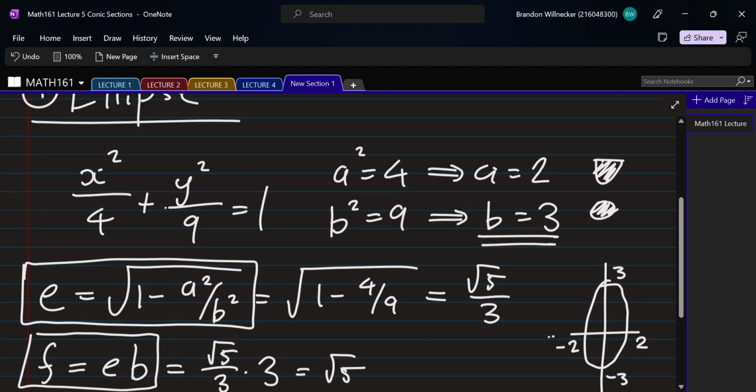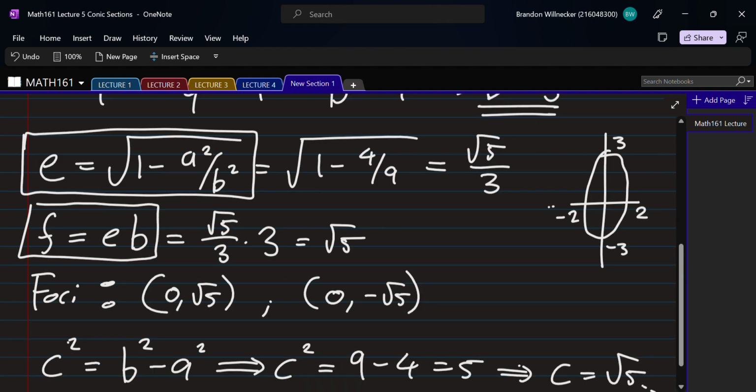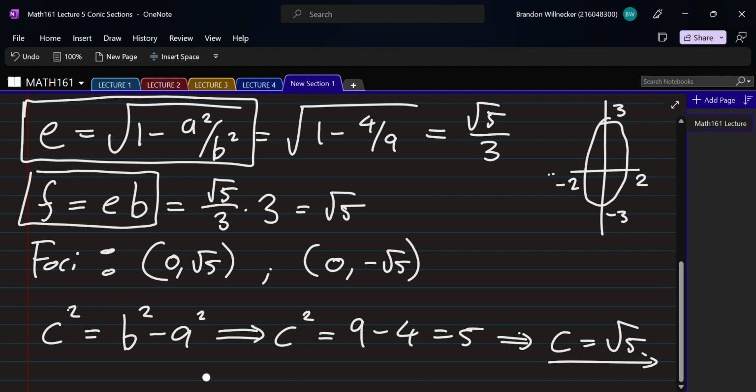If this were swapped around and b was smaller than a, then we would have to take a squared minus b squared. We just need to remember that c squared must be positive, of course, because it's a squared number, so just keep that in mind. So this may be swapped around if b was less than a.